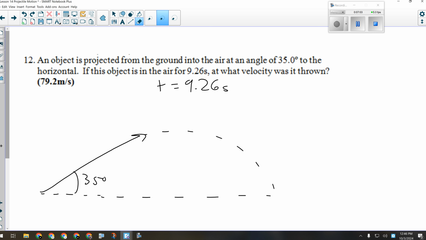So I'm looking for this. Now we did one like this once before, but I gave you a little bit more information than I do with this one. I don't have any horizontal information other than time, but I do have a little bit more information vertically. Vertically, I know obviously the time because they gave it to me, and I know the acceleration.